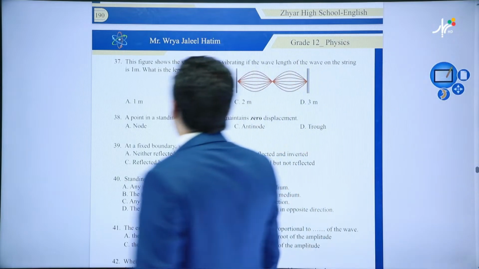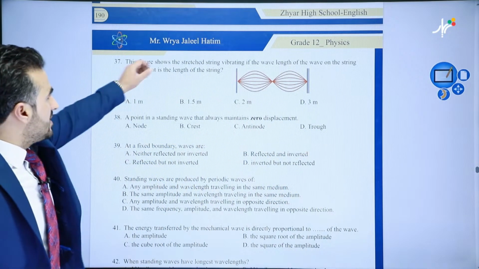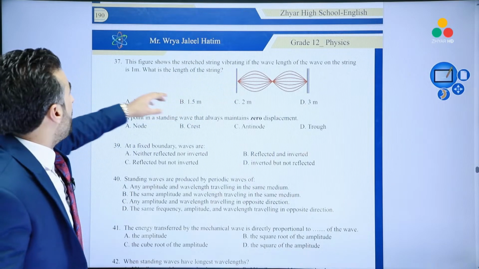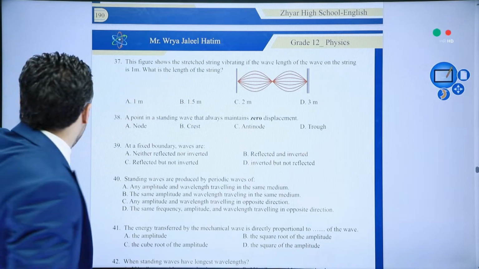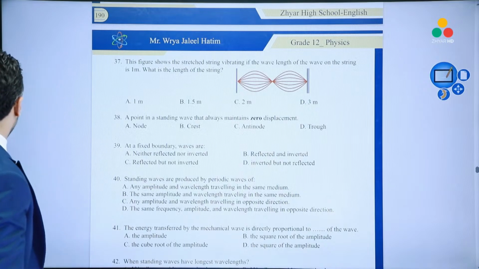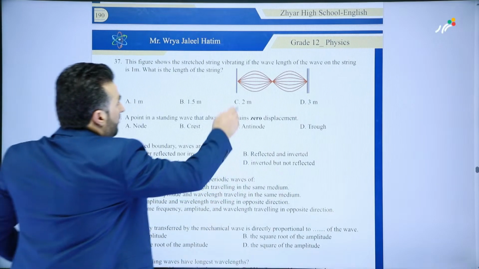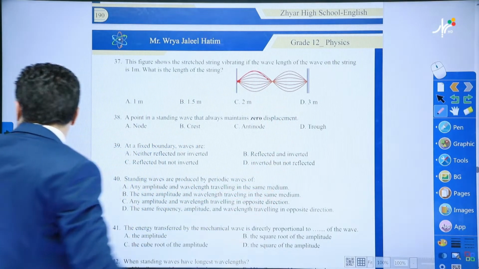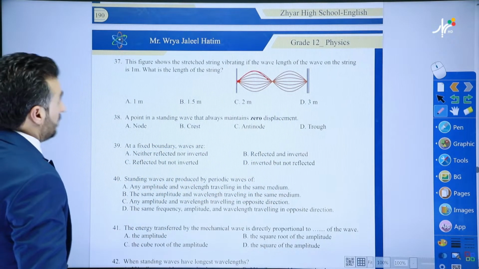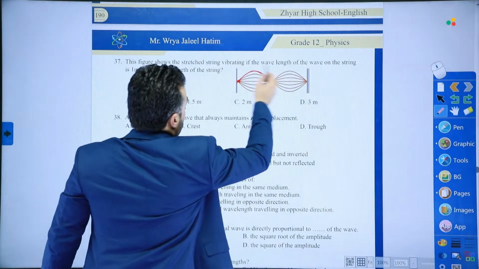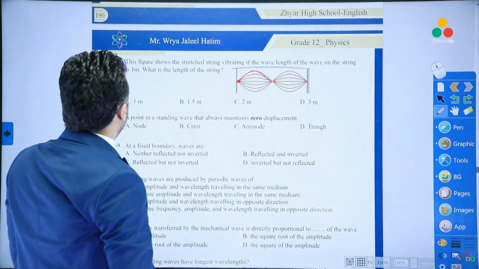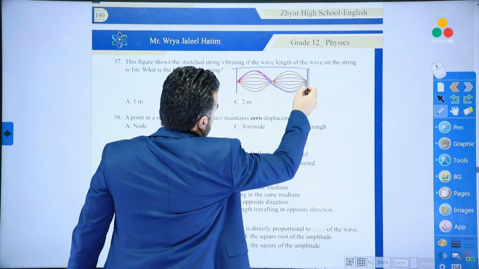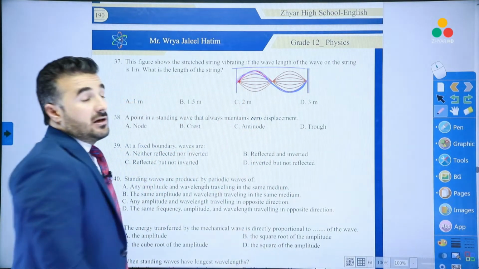Here, the wavelength, if we start from this point, the distance, let me choose a different color. Let's use blue. Okay, take a look. It says, what is the length of the string? Watch this. The wavelength here is 1 meter.